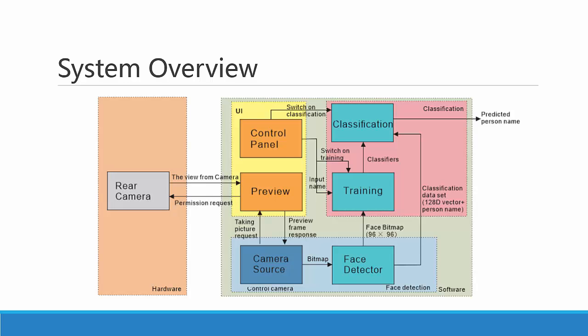The camera source component manages receiving these images and passing the images into the face detector. Once the face is detected, some graphics will appear on the screen, indicating the position of detected face and associated facial landmarks. With the help of control panel, that is UI interfaces, the training mode and classification mode could be enabled by the user.